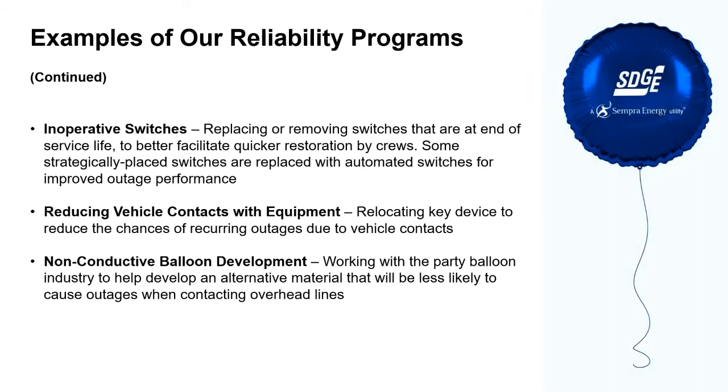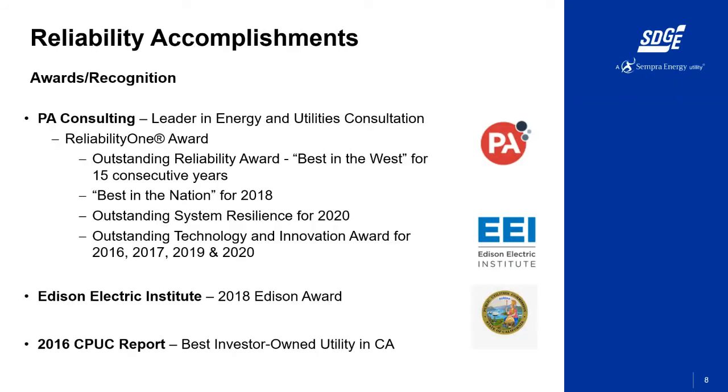There are some accomplishments I'd like to boast a little bit about here for the company, awards and recognition. PA Consulting is a leader in utility and energy consultation services, and they are also in a position to offer a number of recognition awards for utility operators.